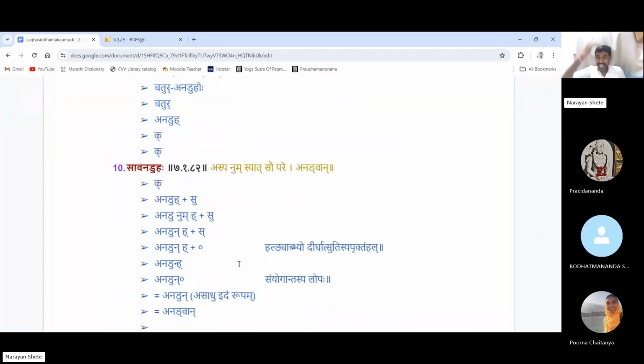Now, if we bring that at anuvritti in this sutra, savanaduha, then the full meaning will be that after the akara of anaduha shabda, mit comes antyat ach. And if we find the antya ach in anaduha shabda, it is ukara, it is not akara.